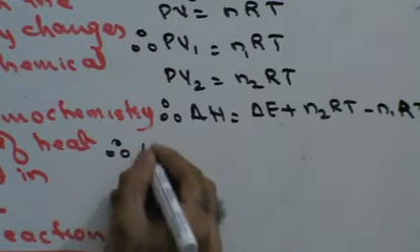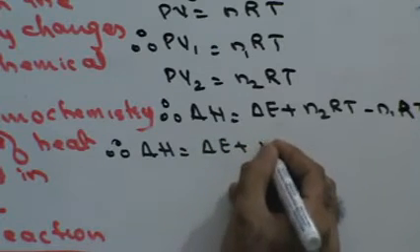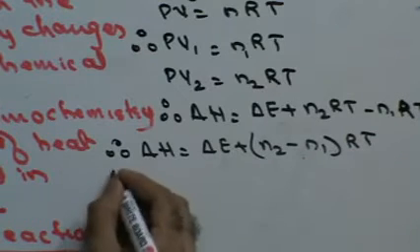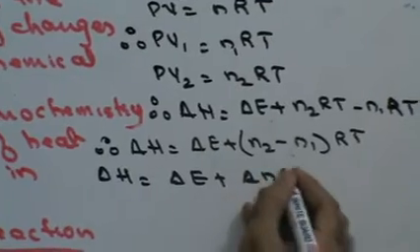So the change in enthalpy is delta E plus (n2 minus n1)RT. Thus, the change in enthalpy is delta E plus delta nRT.